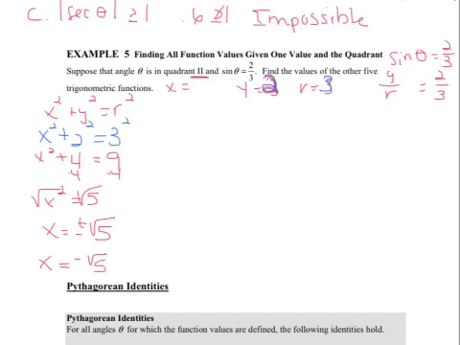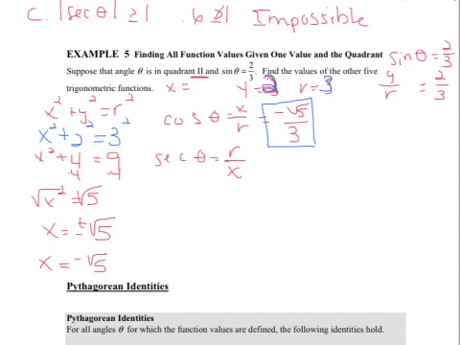So now I can go back over and say that cosine of theta is x over r. And I know that x is negative square root of 5, and my r value is 3. So cosine of theta is negative square root of 5 over 3. My next one I'm going to do is secant of theta is r over x.